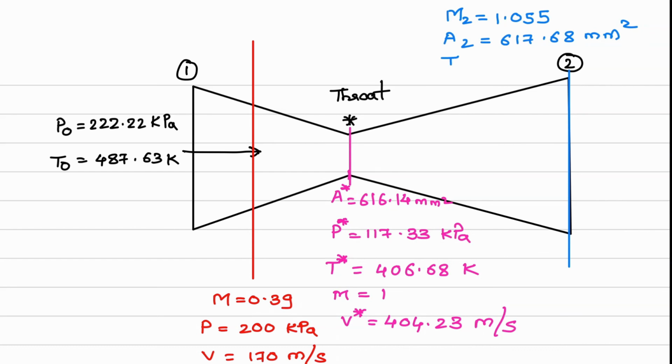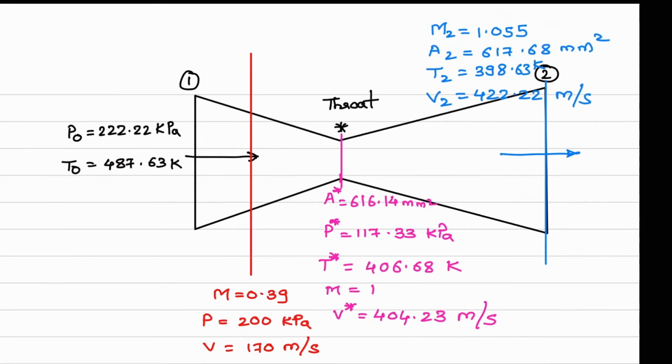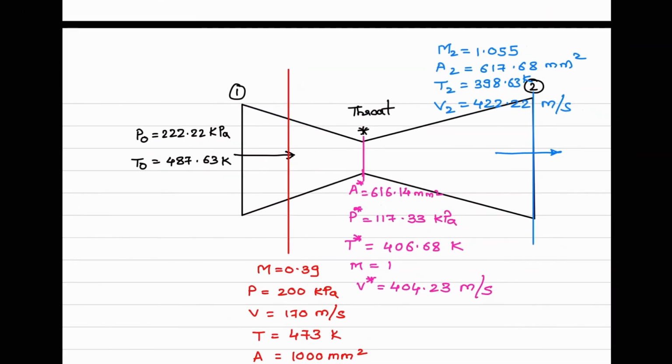Then T2 temperature is equal to 398.63 Kelvin, and V2, velocity of air at exit plane or exit section, is 422.22 meter per second. Now we have written all the values, we can get the complete idea.